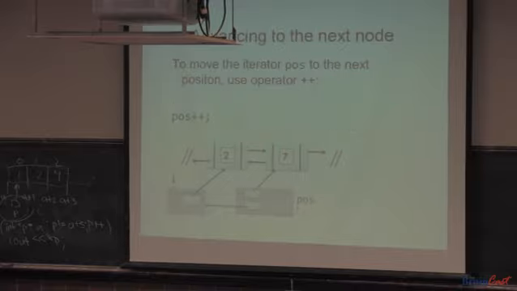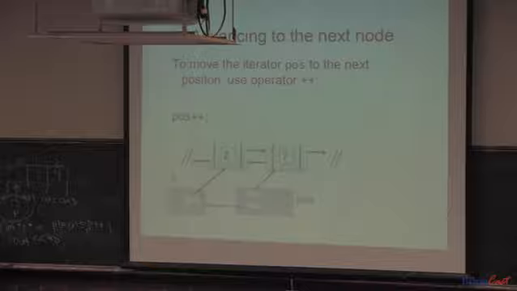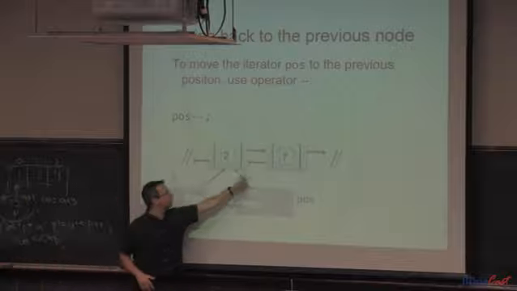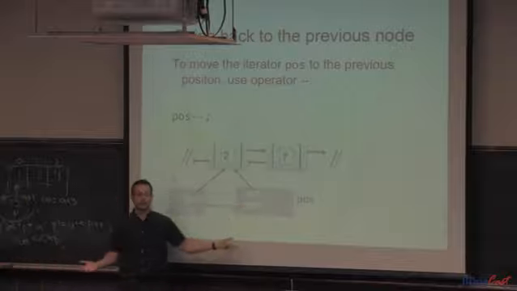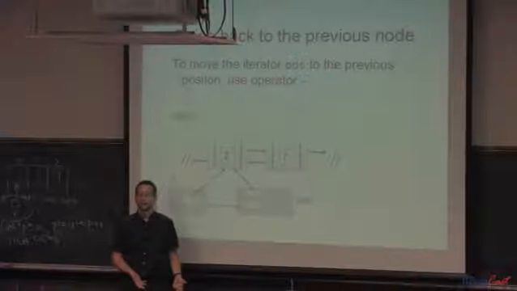And that advances the pointer 1 ahead with the same object, POS. Okay? So then if you want to go backwards, you can do --, just like you do for int I. So if you want to go back to the 2, you can do position--. So the decrement operator is also defined.